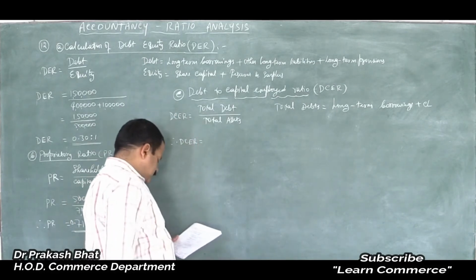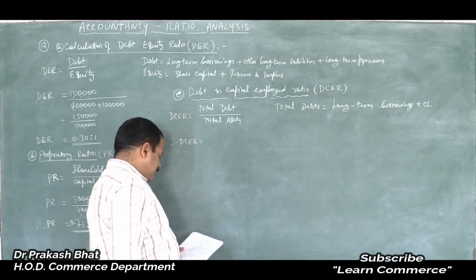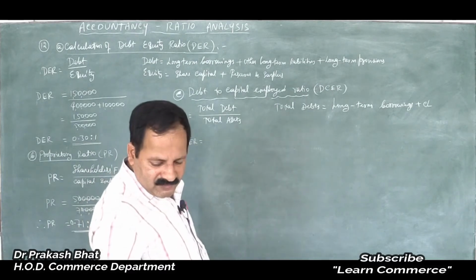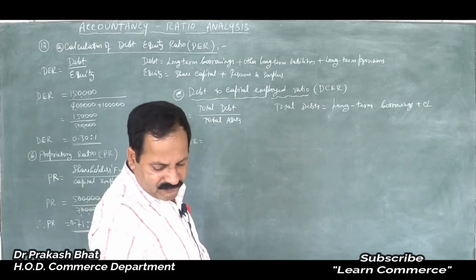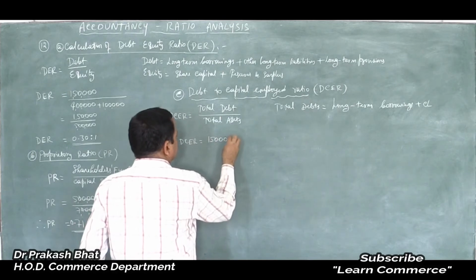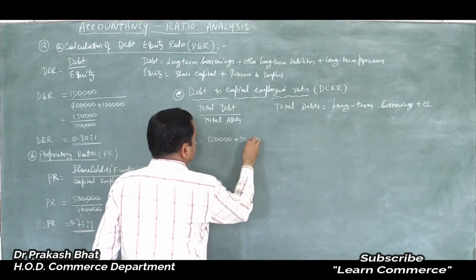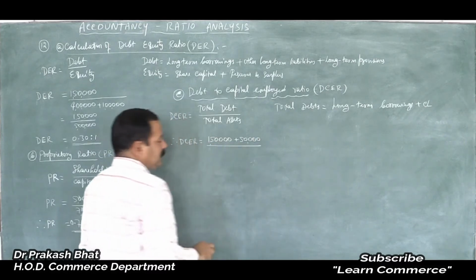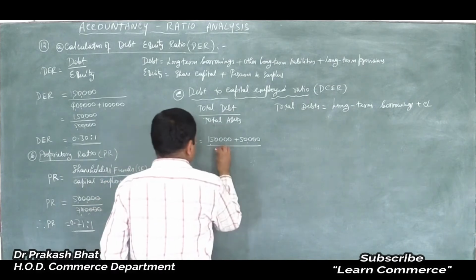How much is it? 1,50,000 plus 50,000, am I correct? Yes, it is. 50,000 is current liabilities, divided by total assets, that is 7 lakh, is it correct? 7 lakh.